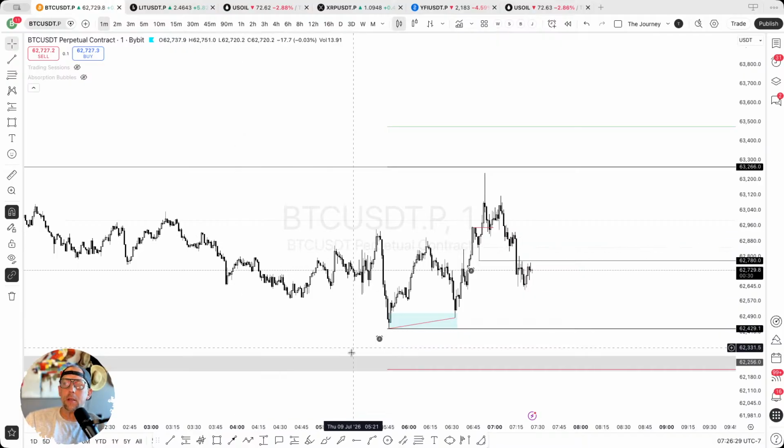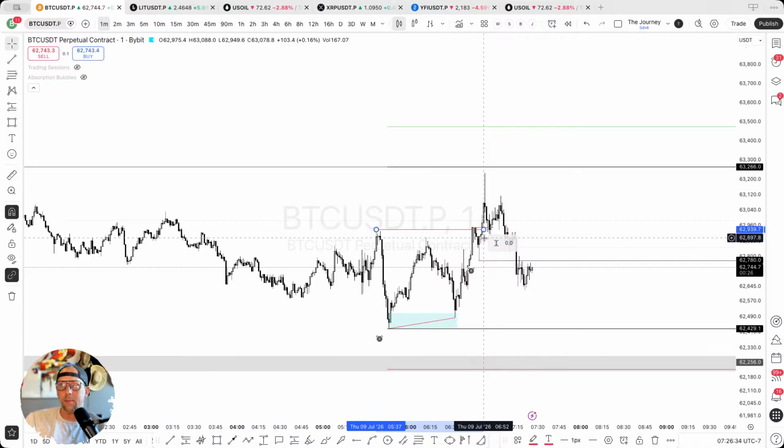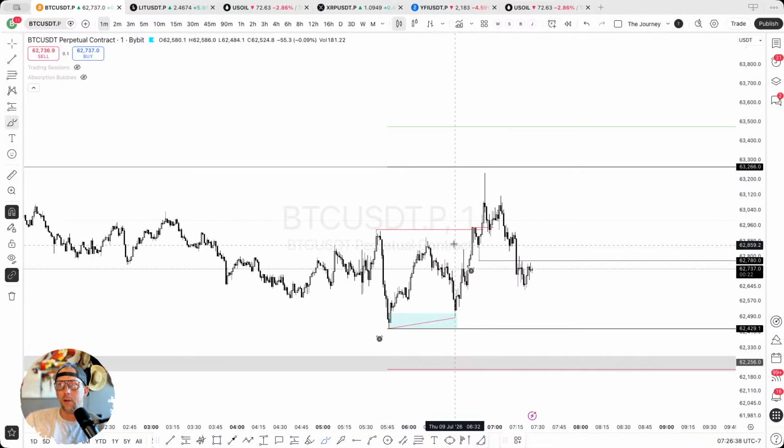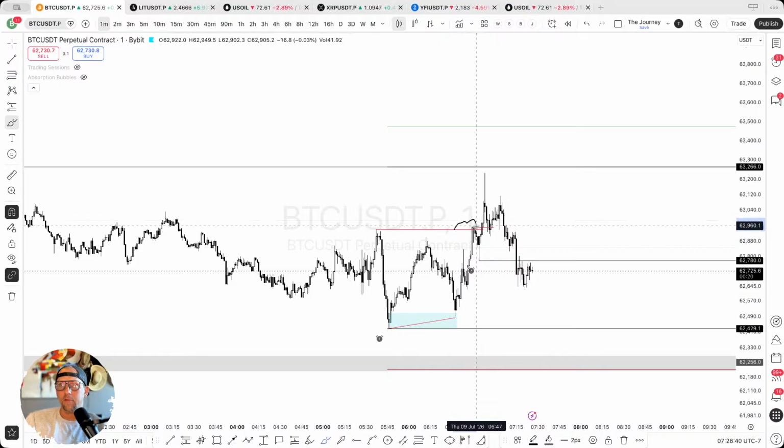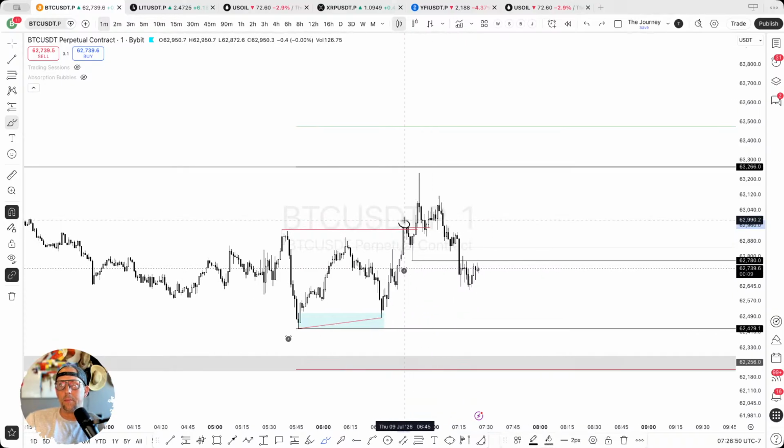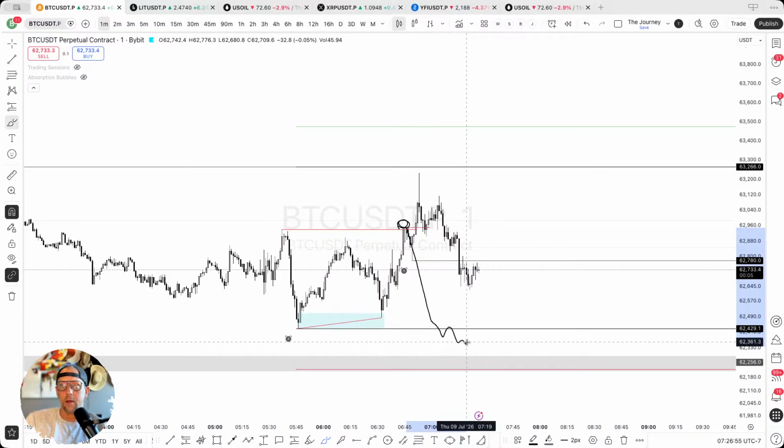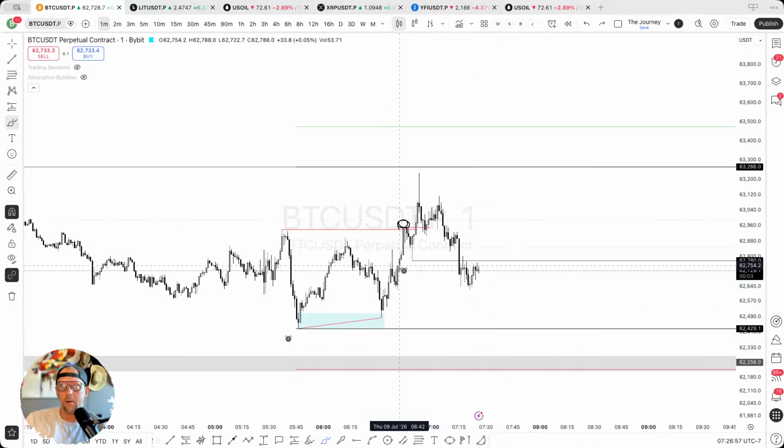But see, here's kind of what challenged that perspective: I wasn't expecting to be that far up there. You know what I mean? I was like, oh, come up here and kind of fail basically and rotate back down to here, right? But then we hit the high, and it was a poor high, which was fine because we could still come back down here and then nail that poor high, right?